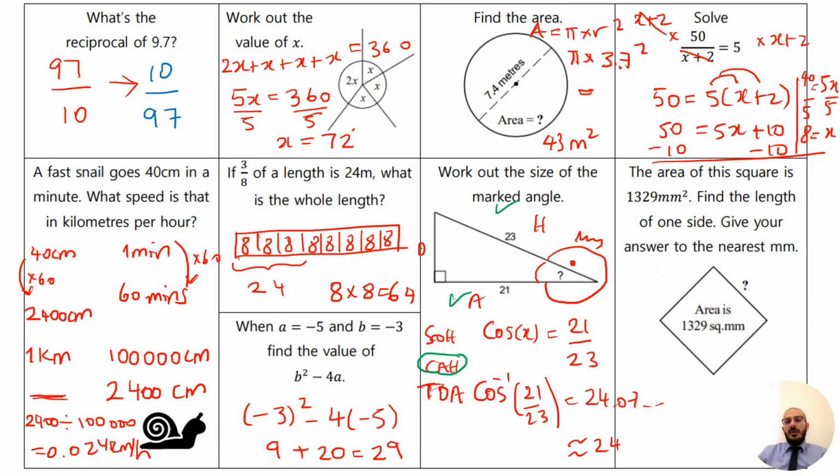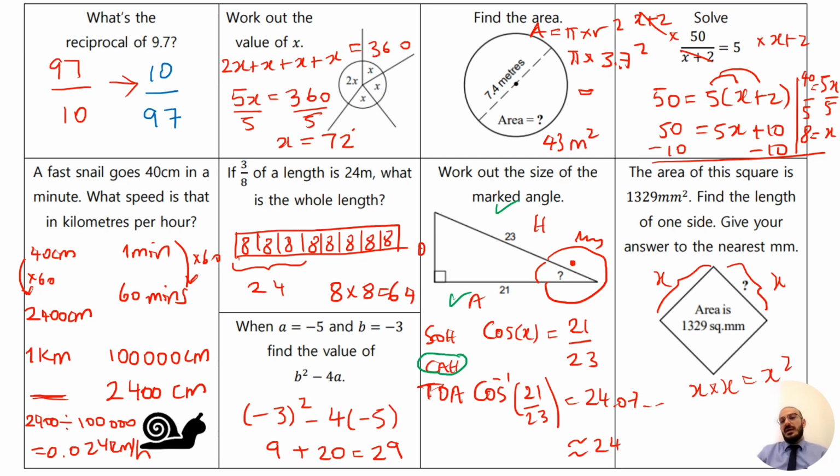The area of this square is 1,329 millimeters squared. Find the length of one side. So since this is a square, I know that whatever this side is, the other side is the same. So if I call this x and x, x times x is going to be x squared.